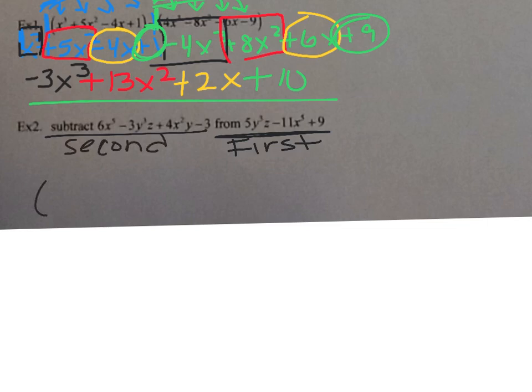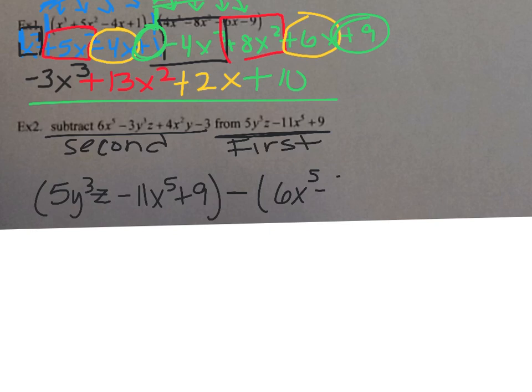All right, so in parentheses, we're going to put 5y to the 3rd z minus 11x to the 5th plus 9. Subtract, and then we have our second parentheses, 6x to the 5th minus 3y to the 3rd z plus 4x squared y minus 3.